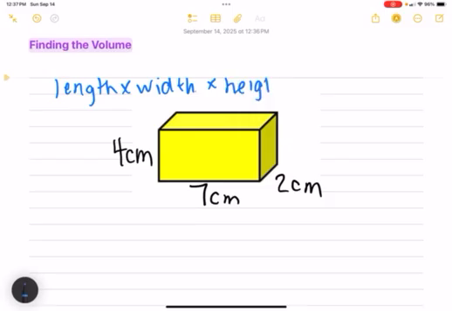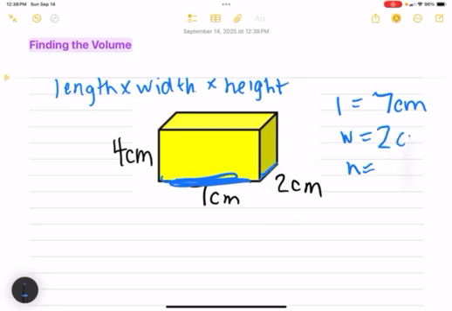And so the first thing we need to do is find the length, the width, and the height before we can move on. So I see that the length is right here, and that is 7 centimeters. The width is 2 centimeters, and then the height is 4 centimeters.